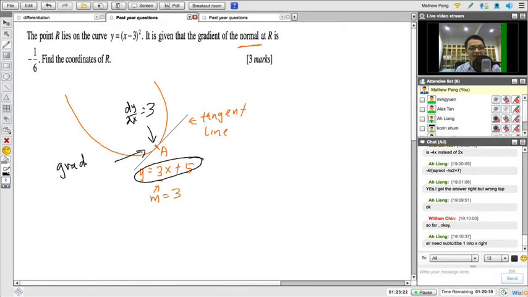So when you see something like this, the gradient of tangent means the gradient of the tangent line. It also means the gradient touching at one point over here, the same gradient. Normally I understand tangent as same gradient. Alright, so far okay? If okay, then I'm going to explain what is the meaning of normal.